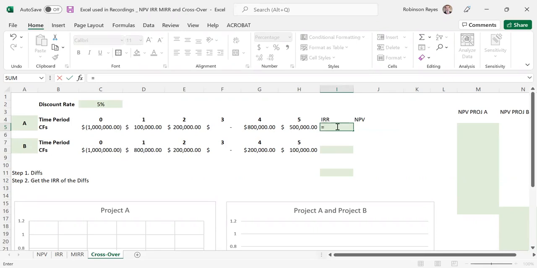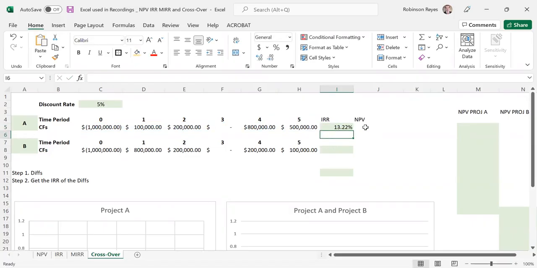IRR, we just select all of the cash flows and we use the IRR command. Because this is a conventional cash flow, it means there is one cash outflow in the very beginning, the initial investment, and then everything is a cash inflow. We are not concerned about having more than one IRR, and we're not concerned about having to use a modified internal rate of return. So we just calculate the IRR.